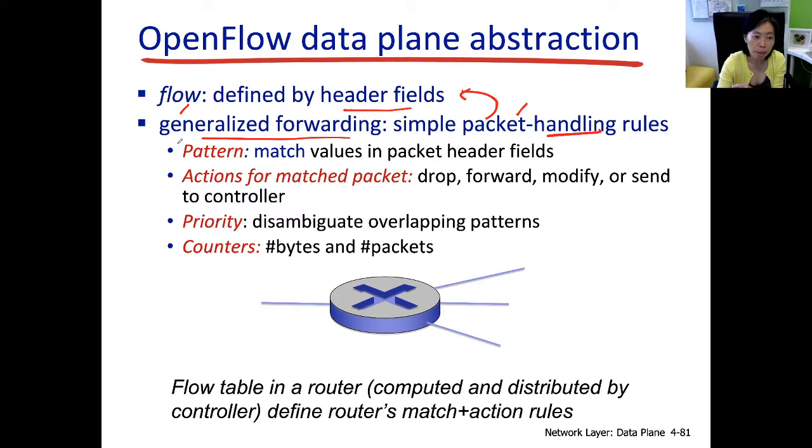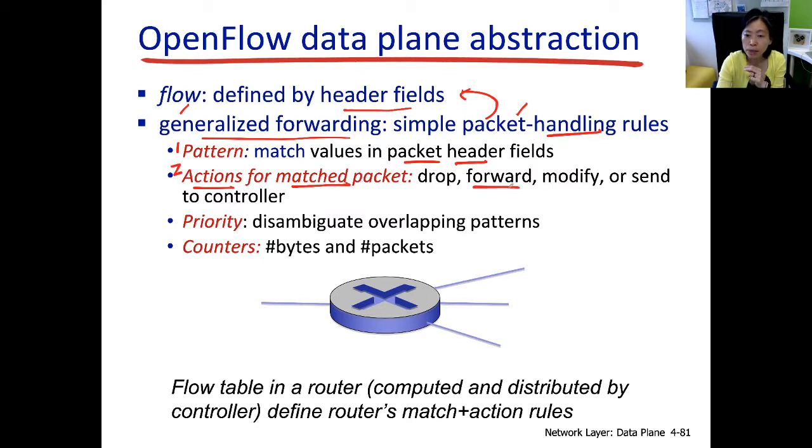So step number 1, the most important step. For each incoming packet, take the header. Try to match the various patterns in the flow table. If there's a matching entry, go to the action column, so that's step 2, and then handle the packet that way.